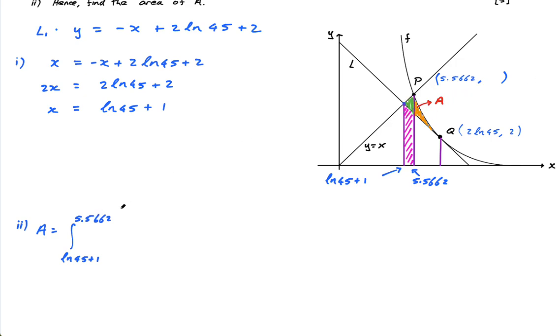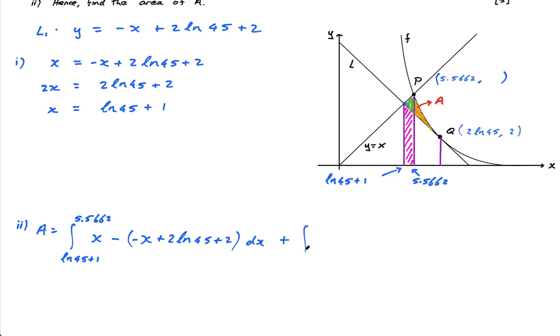So I'm going to do x minus L, brackets hugely important here, so minus x plus 2 ln 45 plus 2, dx. That'll give me the green area. You could do these separately if you wanted. I'm actually going to do them together in one go on the calculator.